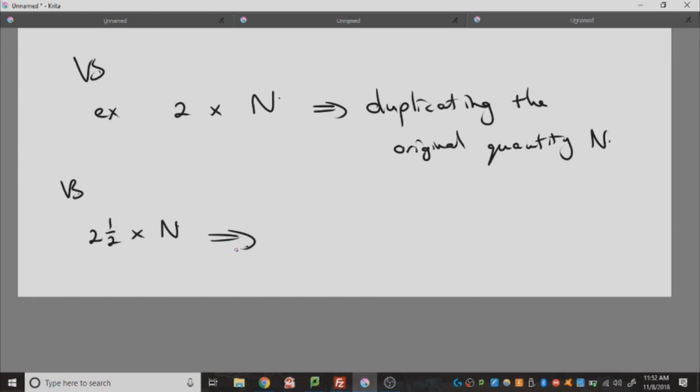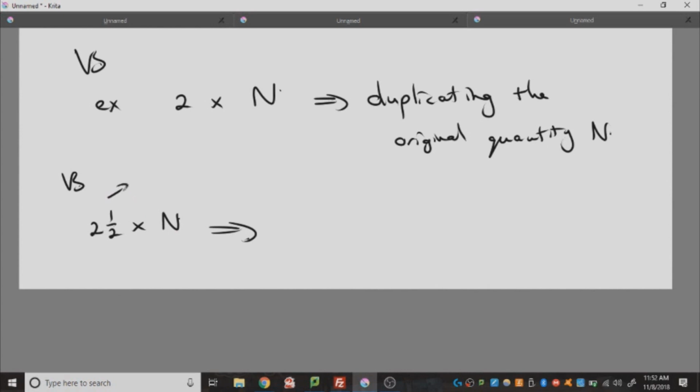So the whole number portion, the 2, says I'm going to double my quantity, whereas the half says I get another half of the quantity on top of that. Because, though we don't necessarily show this, this is 2 plus a half. So I can do the 2 first, which doubles the n. I get something. Then I take a half of the n, and then I put them together.